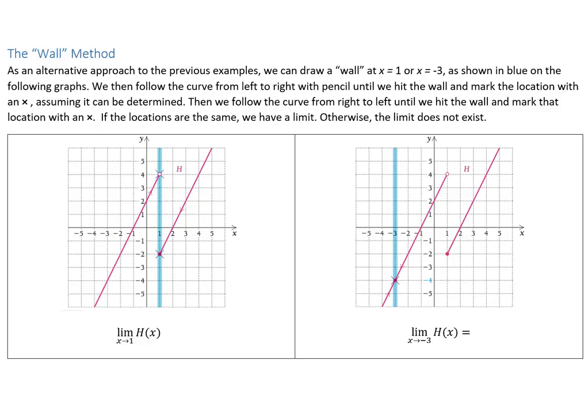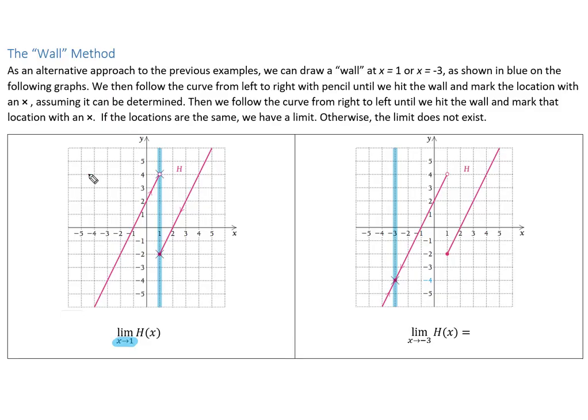As an alternative to the numerical approach, as we saw in our last example, we could also look at this graphically. So if I want to find the limit as x approaches 1, I draw a vertical line at x is equal to 1. And then I can look at the values as the graph approaches that from either side.